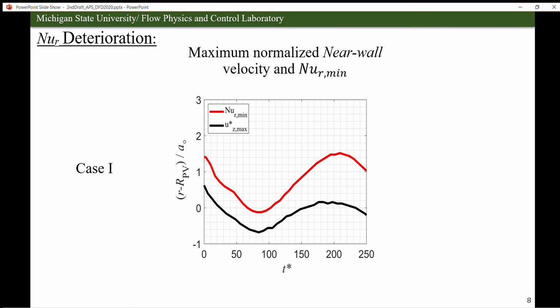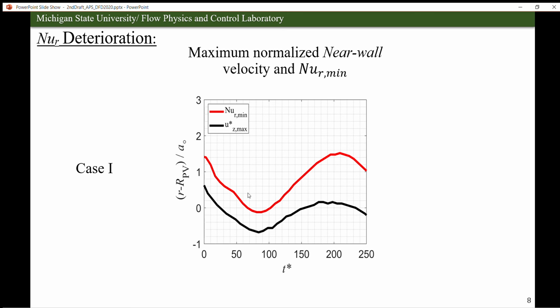So to show the connection between the near wall maximum upwash and the minimum Nusselt number, we plot the radial location of the maximum wall normal velocity at the first node right above the wall and the radial location of the minimum Nusselt number.